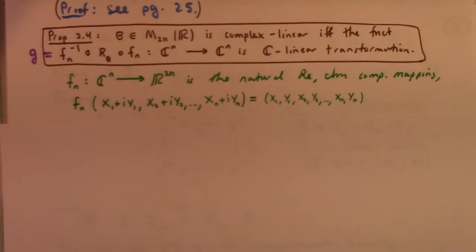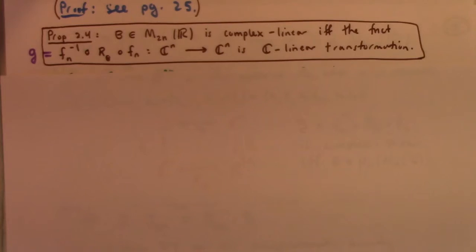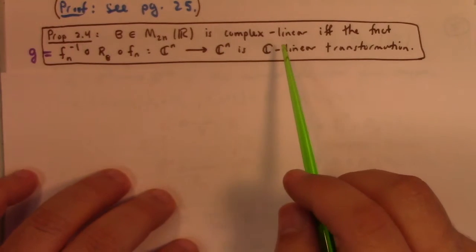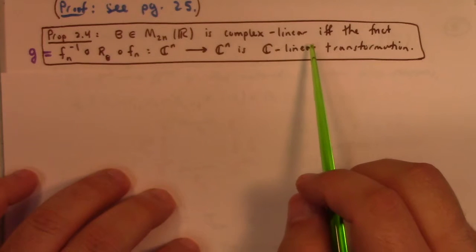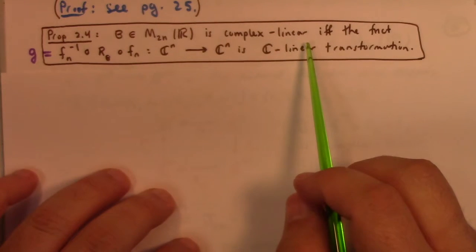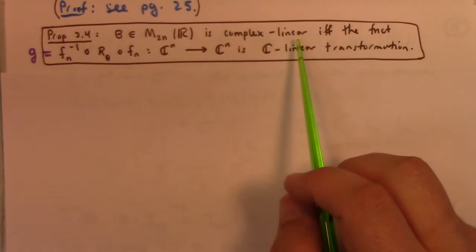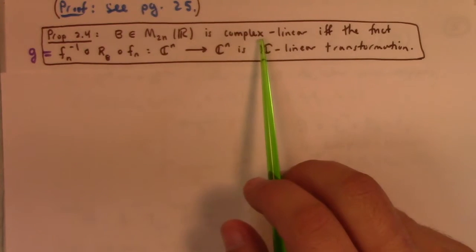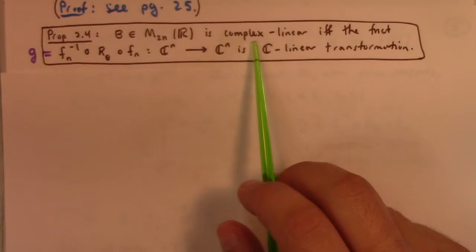Now, there's also a nice correspondence between what it means for a mapping to be complex linear. Being complex linear means that it is in the image of the row n map.